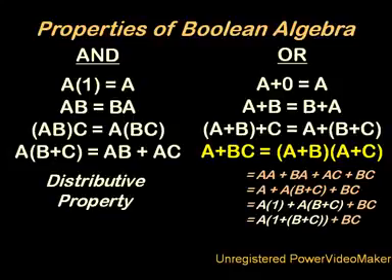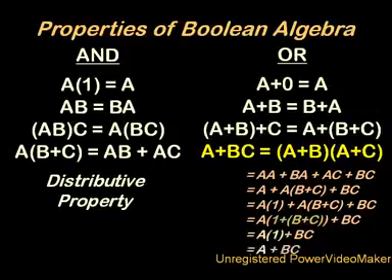I factored an A out of those first two terms. Oh, and 1 plus anything is 1. And A and 1 is A. Ta-da! (A or B) and (A or C) is indeed A or (B and C).